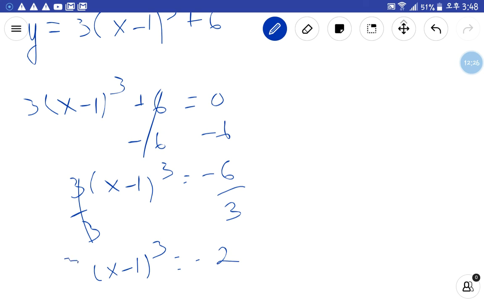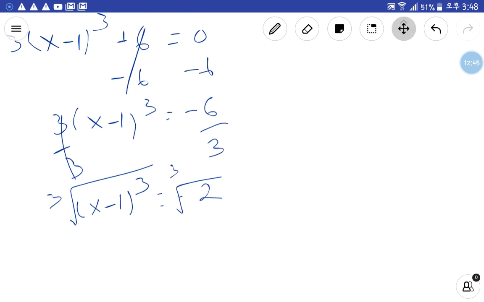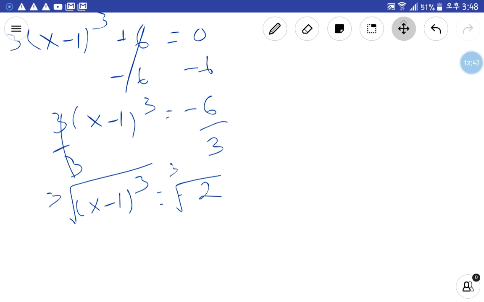Now what? Please put the cube root on each side. Then you would have x minus 1 equal cube root of negative 2.